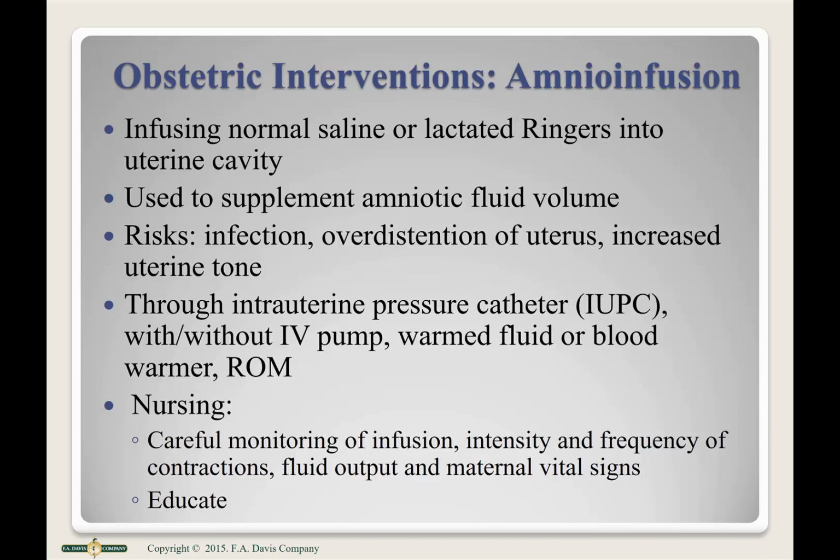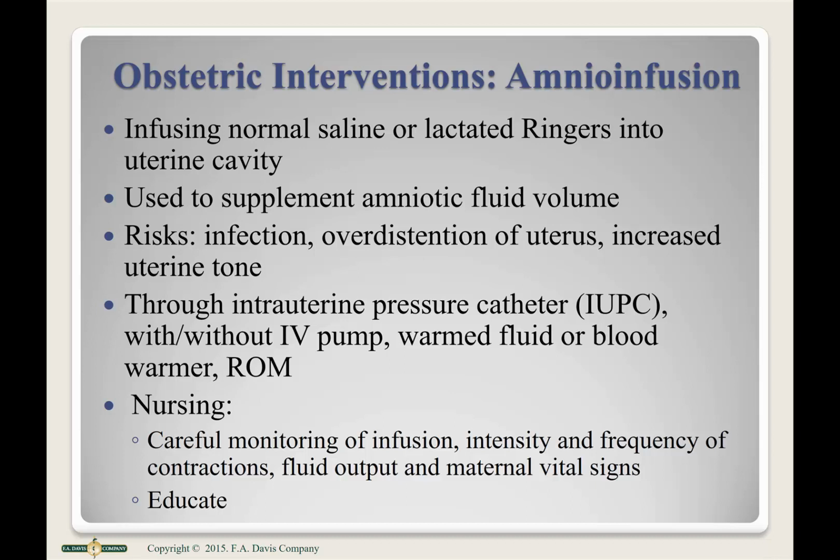So when we do an amnio infusion, we have to have that internal pressure catheter in the uterus measuring uterine contractions. On that catheter, there is a port in which we can hook up IV tubing to either normal saline or lactated ringers. Usually it's normal saline, and we infuse it into the uterus.